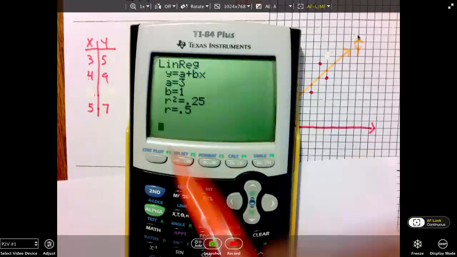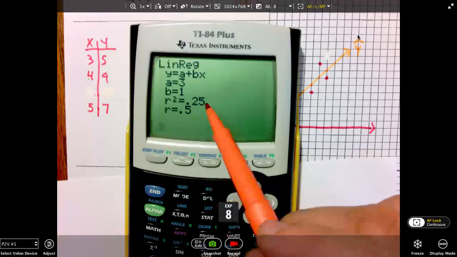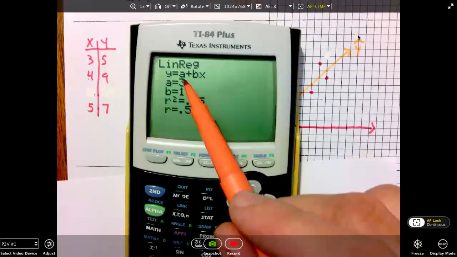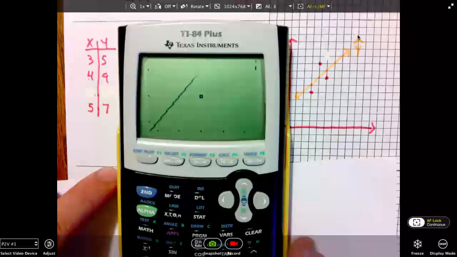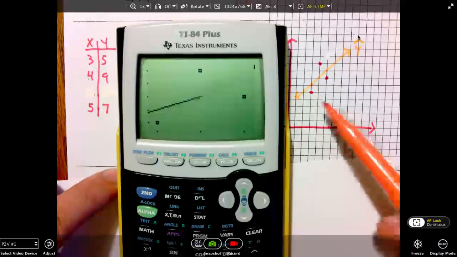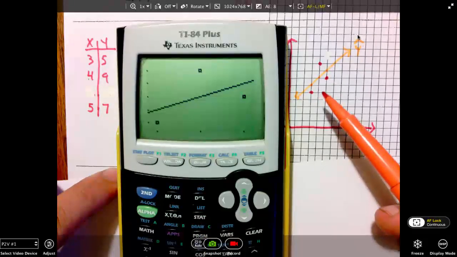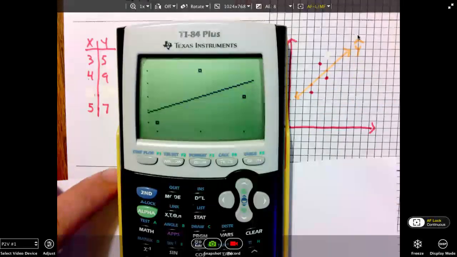Here you can see that R is 0.5. It is still a positive correlation, and 0.5 quantity squared is 0.25. We see the line has a y-intercept of 3 and a slope of 1. Looking at the graph, I should hit zoom 9. You can see it bears some resemblance to my picture over here. The scale is different. That's why ours looks a little steeper than what the calculator has drawn.